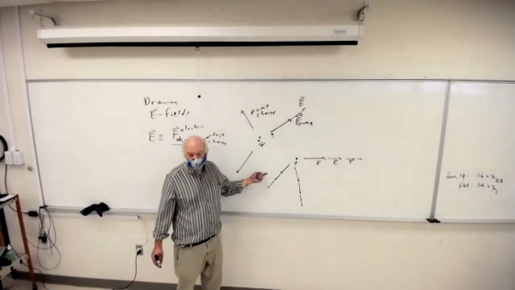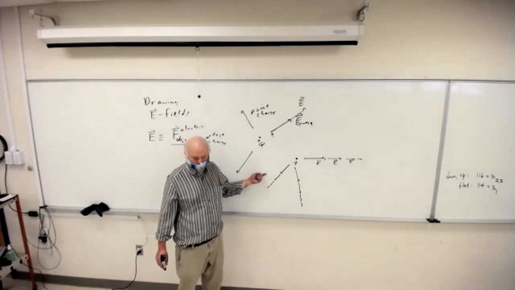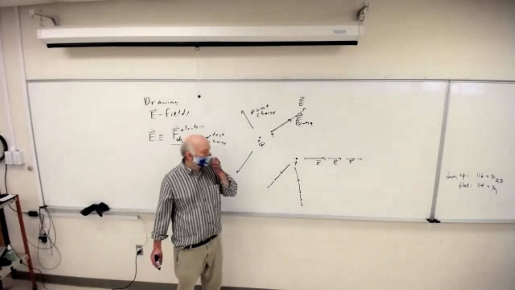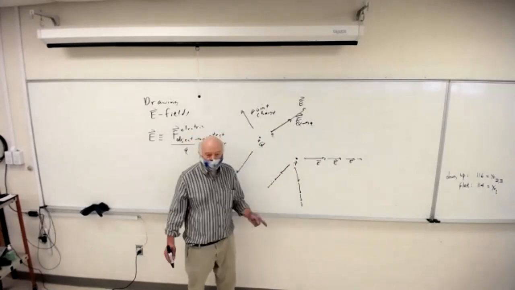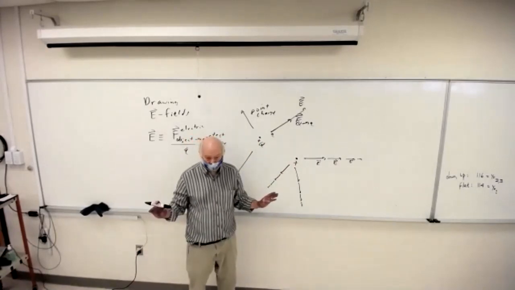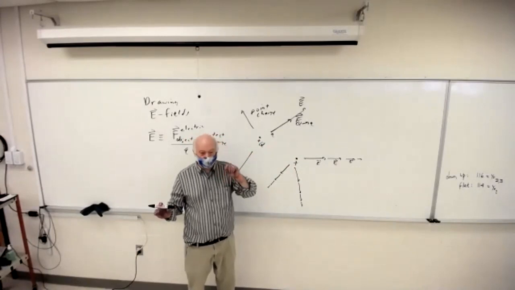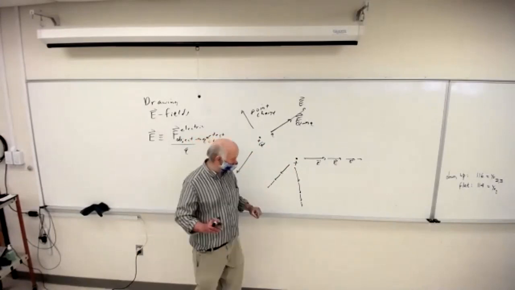Okay, this would take forever to draw a picture like this if you had to keep on doing this. And so Michael Faraday came up with a way of basically drawing these electric field lines, but making it a lot easier to draw. So what I'm going to give you are basically Michael Faraday's rules for drawing electric fields.